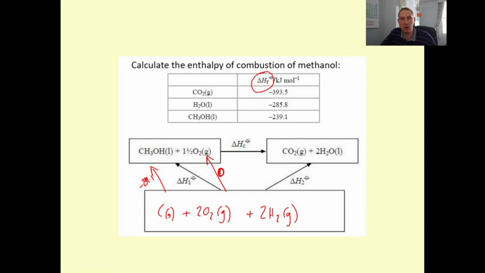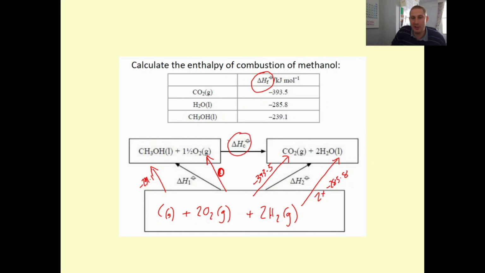Oxygen is oxygen. So if I'm making an element from an element, there's no energy change associated with that. Coming up here, I'm making a CO2, which is minus 393.5, and I'm making 2 waters. This tells me how much energy is needed to make 1 water, so that is 2 times minus 285.8.